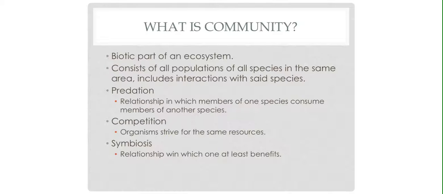Last thing I want to talk about is ecological succession. So what does it mean to be successful as an ecosystem? The big thing you need to know is that ecosystems, or communities, I'm sorry, I keep saying ecosystems, but communities are not just stagnant. The community that we know now is not the community that was here 1,000 years ago or even 100 years ago.